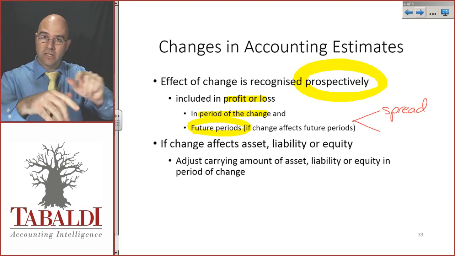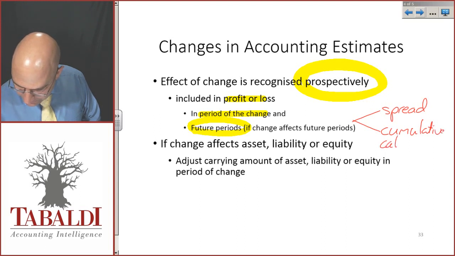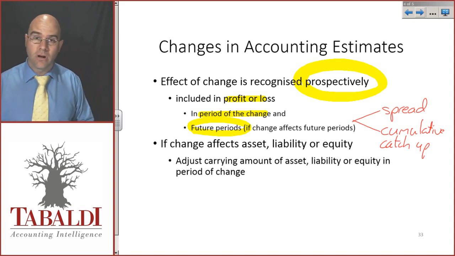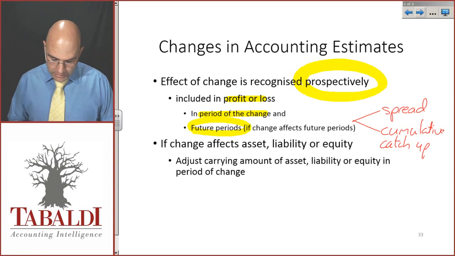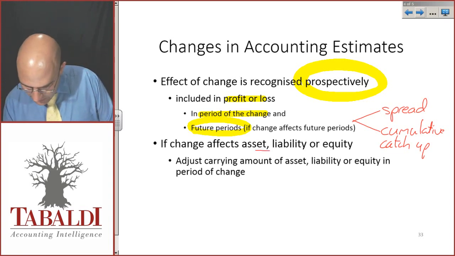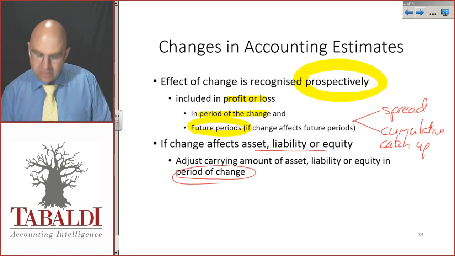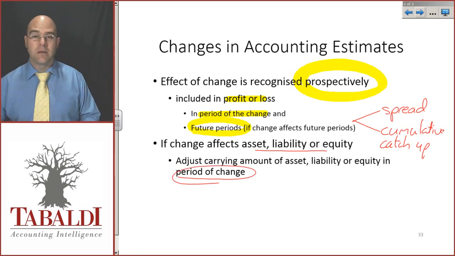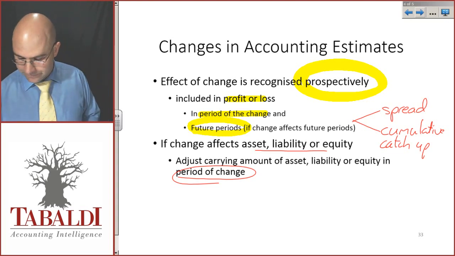You've got to pass this year going forward. You can either spread it out, or you can take all those differences and do a cumulative catch-up. Some standards, like IAS 20 on government grants, require only cumulative catch-up. If the change affects assets, liabilities, or equity, you must adjust the carrying amount of assets, liabilities, and equity in the period of the change, please.